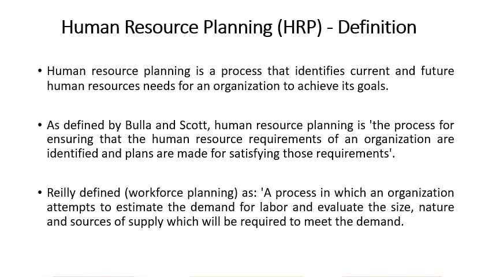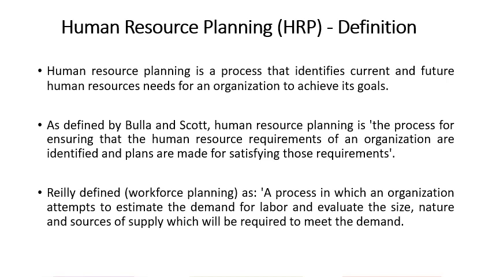So it is a balance between demand and supply of human resource. The company should first identify the demand of HR. Demand of HR means how many people they require and what kind of people they require, that is size and nature.